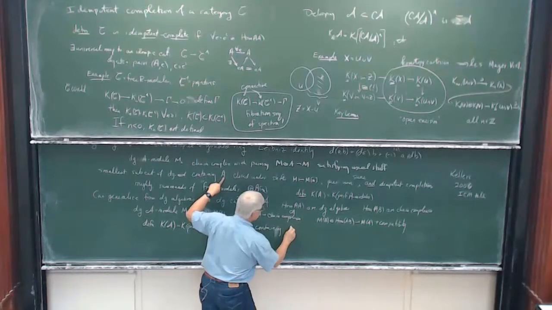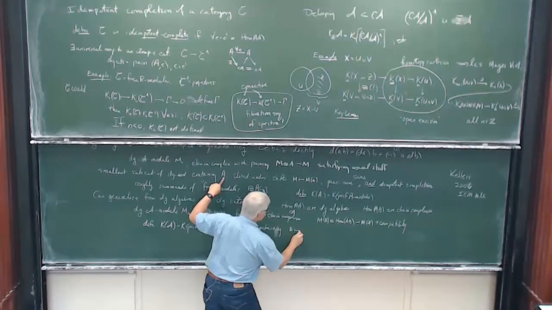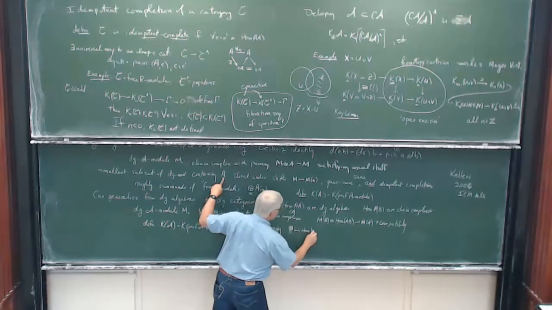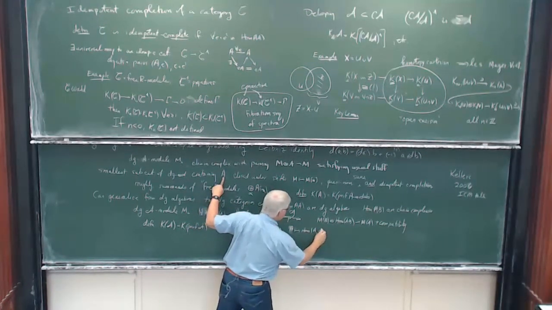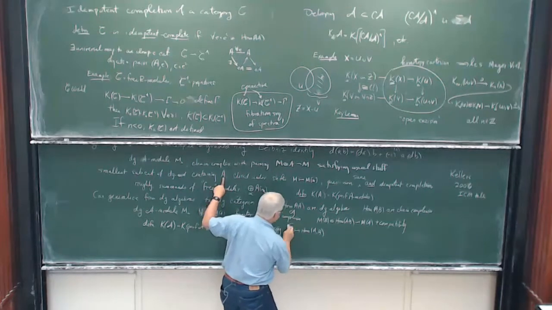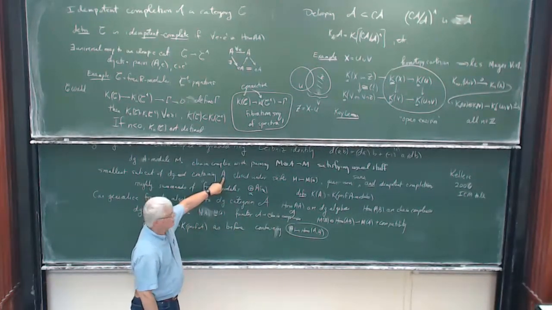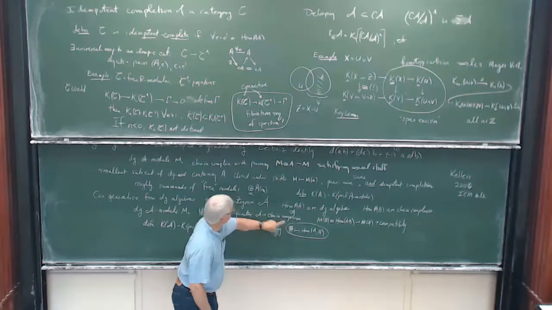So what is that? That's A goes to Hom(A,B). So these things are the analogs of the free modules.